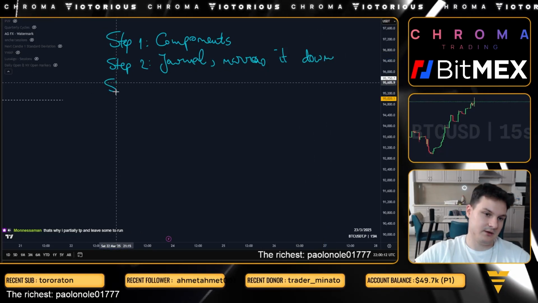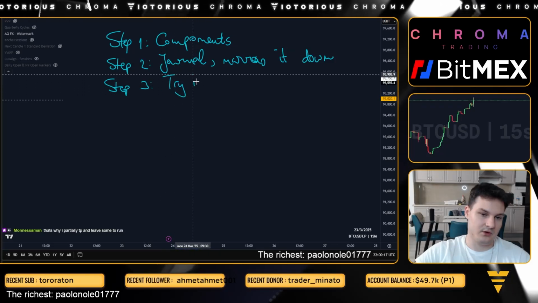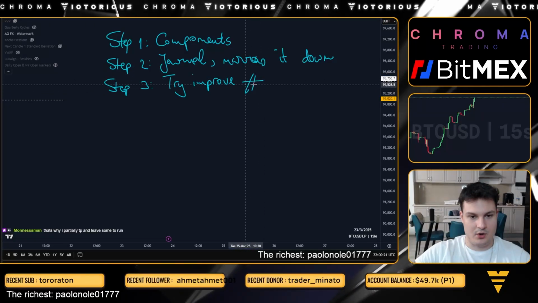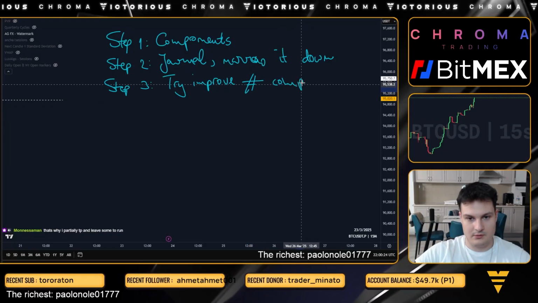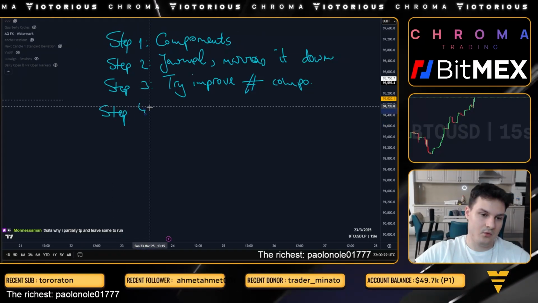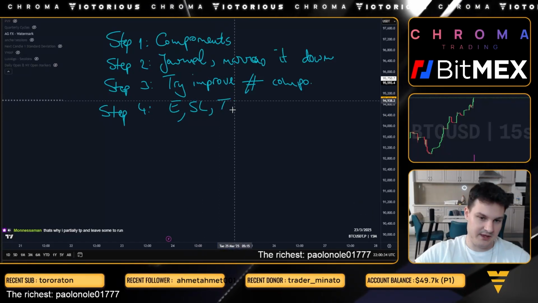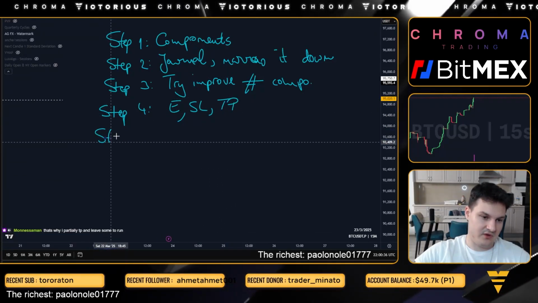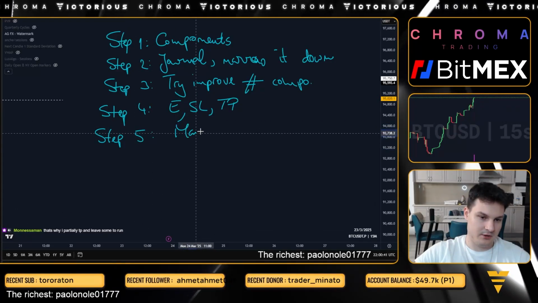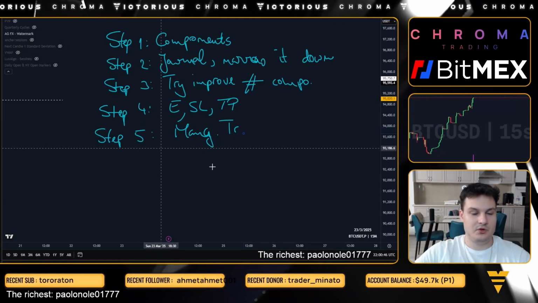Step number 3 was to try to improve your number of components. Step number 4 was deciding on entry, stop loss, TP. Step number 5 was managing the trades. And you can always go back.